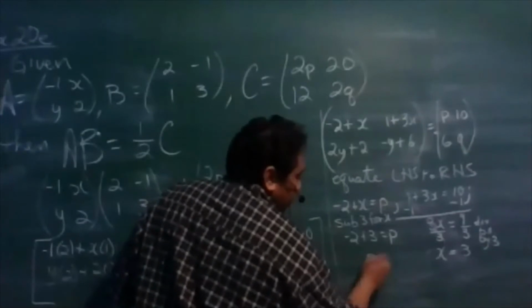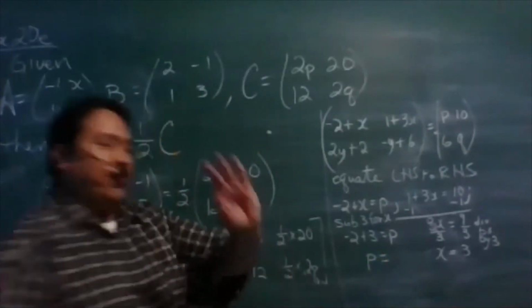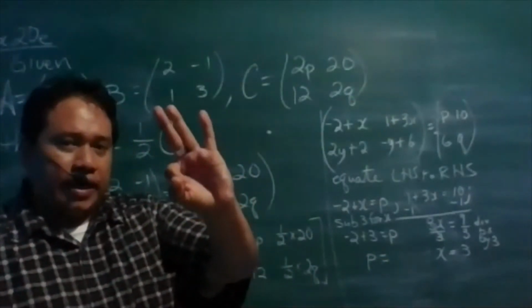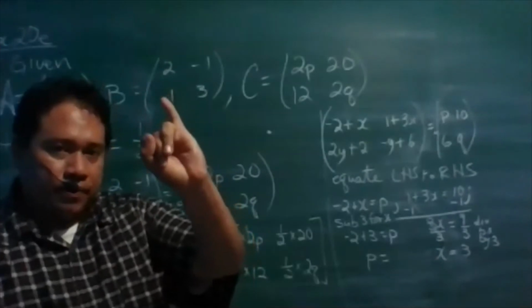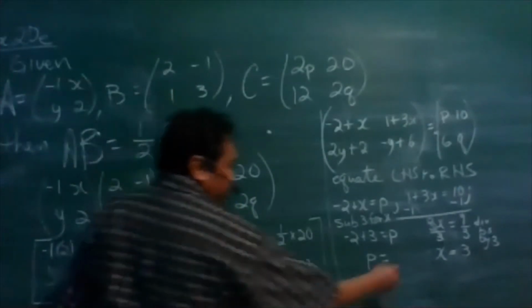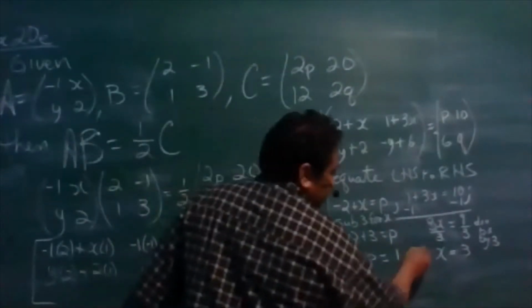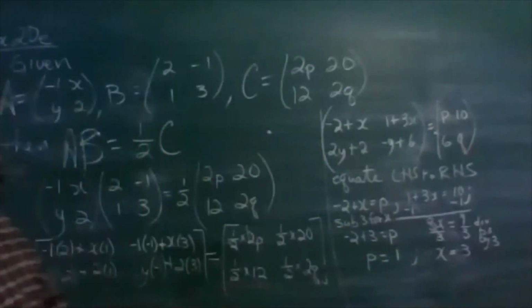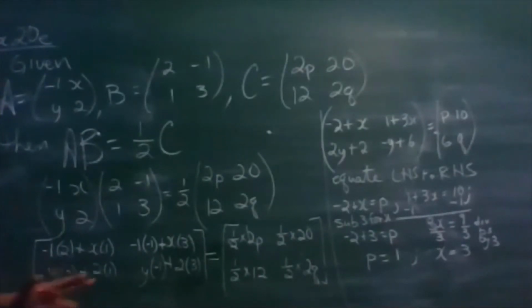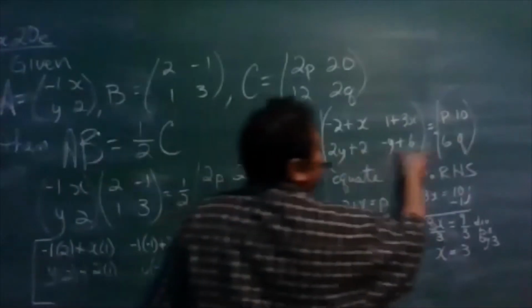Meaning that p, if I have 3 and I take 2 from it, I stay with 1. So I have 2 of my answers. I have p is equal to 1. I have x equals 3. But I still have 2 more to do.